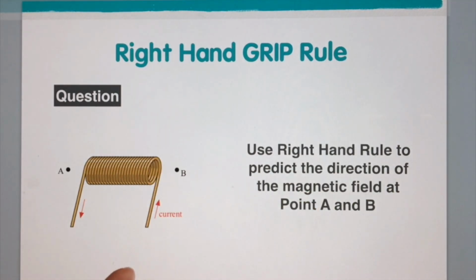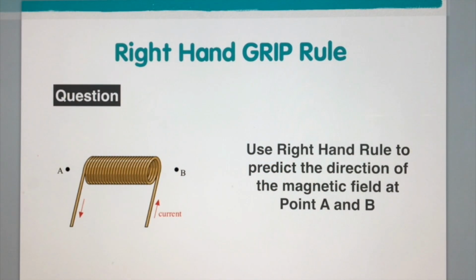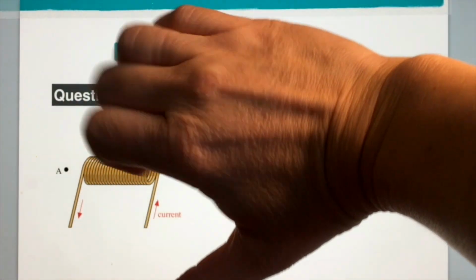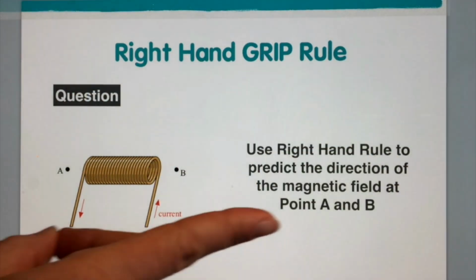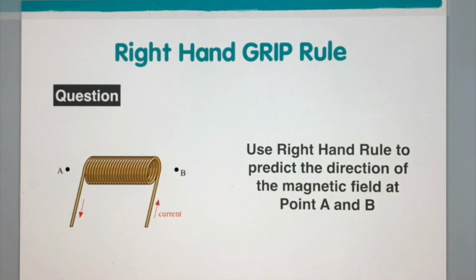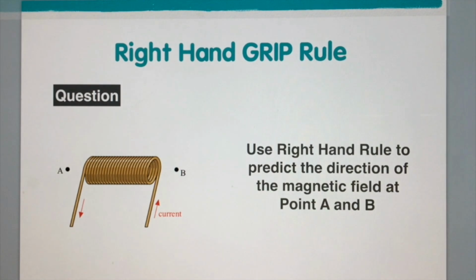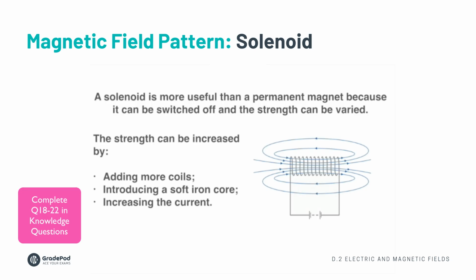So we'll find magnetic field lines going in that direction at point B. And if we turn our thumb around the other way, my fingers are curling round in that direction. So at point A, we'll have field lines coming in here and coming out there. Let's just check the answer for that. There we go. Simples.